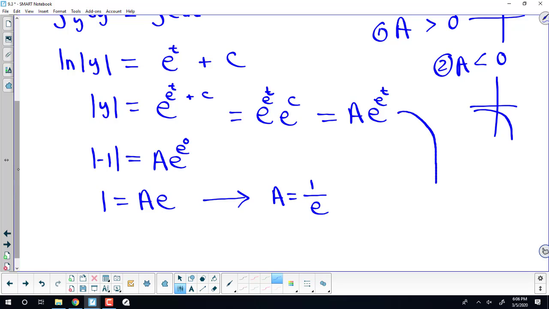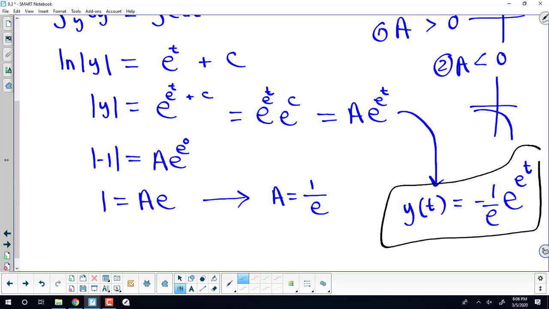So from here, we're going to just say that y of t, more specifically, is equal to negative 1 over e. So we're going to intentionally make our a negative so that it matches up with the initial condition. And then that's what we would do in a situation like that. Does that make sense?